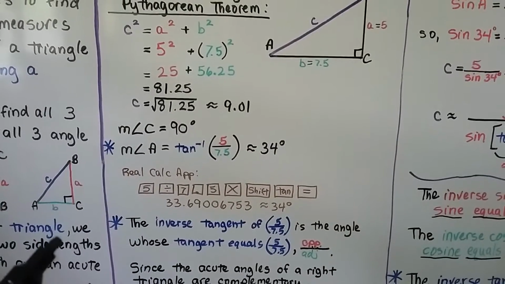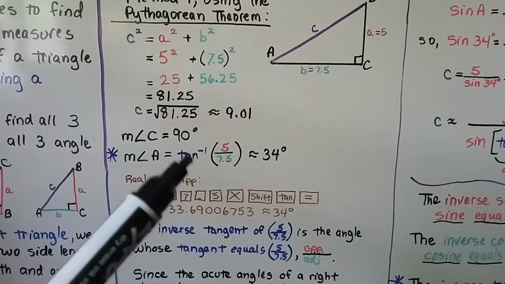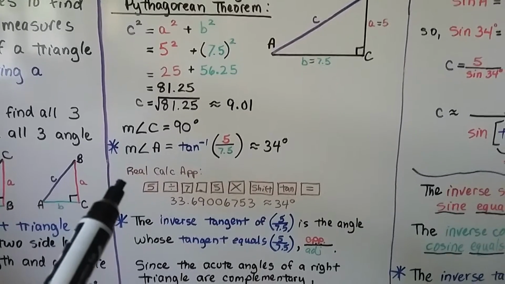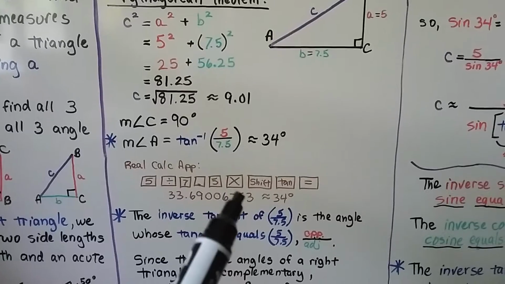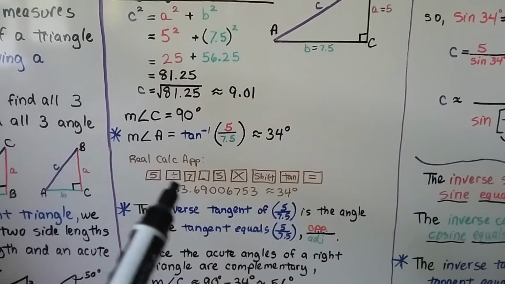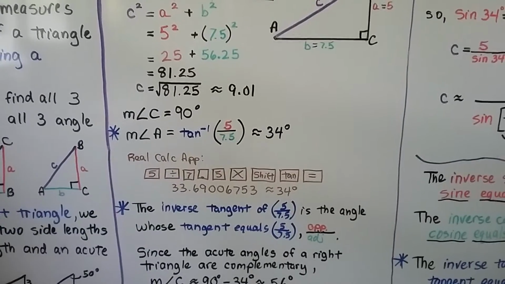On your scientific calculator, you might have to push the arc key or the second key because we're doing an inverse function, all right? On the Real Calc app, you would just do 5 divided by 7.5 multiplied by, hit the shift key, and then tangent equals. And we'll get this nice long decimal that can be rounded to 34 degrees.